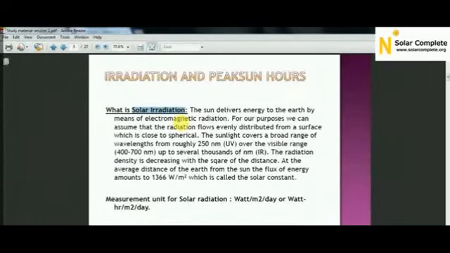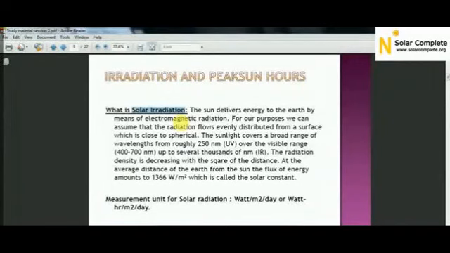Now solar radiation is measured basically with the help of a solar radiation sensor. One such sensor is called a pyranometer. A pyranometer is basically equipment, a type of solar radiation sensor, which you can use to measure solar radiation.